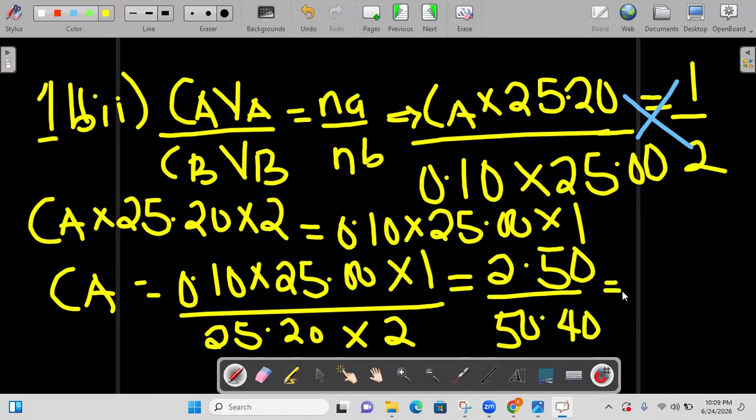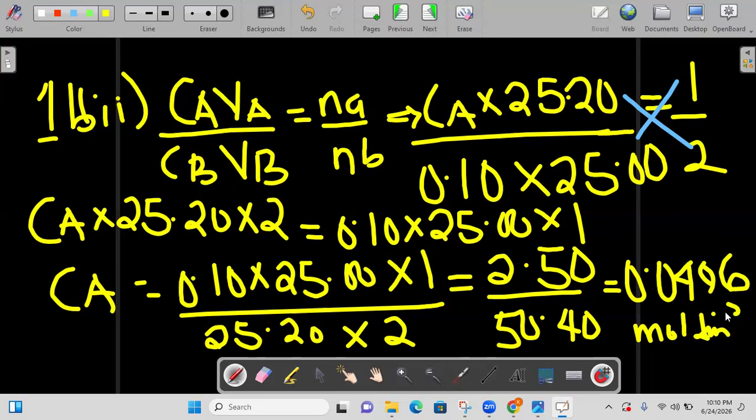If I divide 2.5 by 50.4, it gives us 0.0496 mole per dm cube. This is the concentration of A in mole per dm cube. Is it understood? Yes, sir.